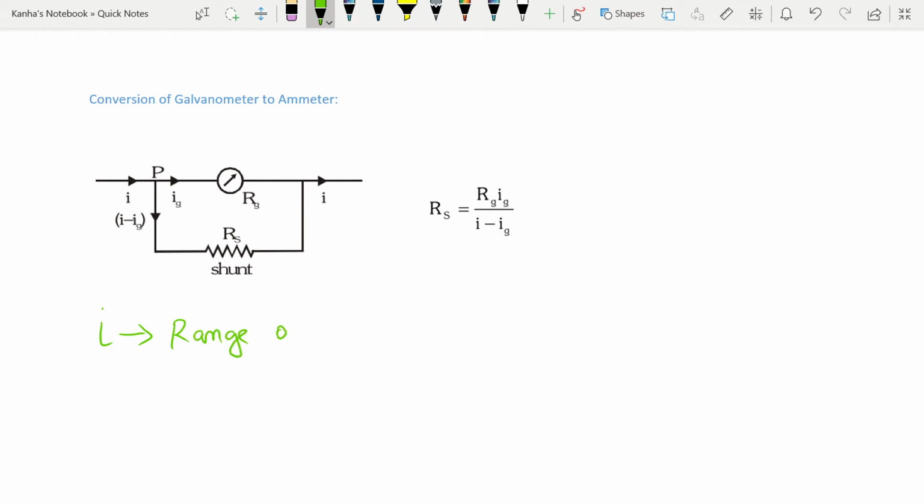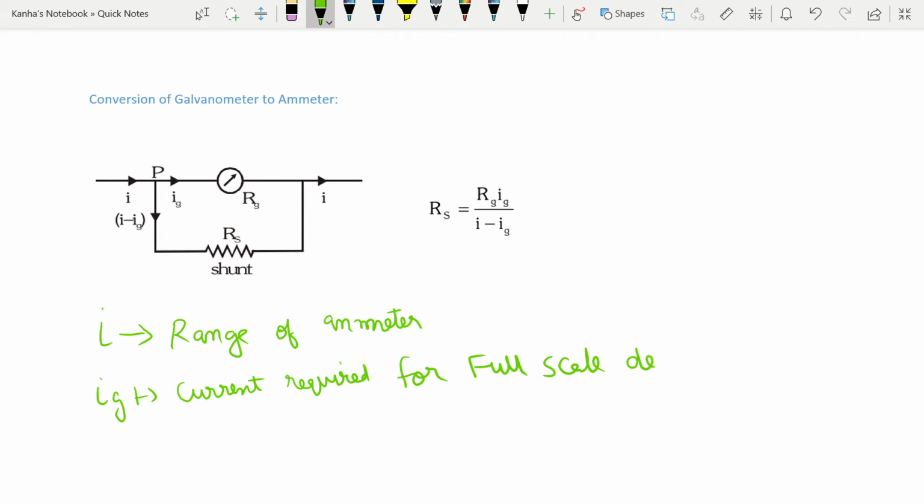So I is the range of the ammeter. Ig is the current required for full scale deflection.